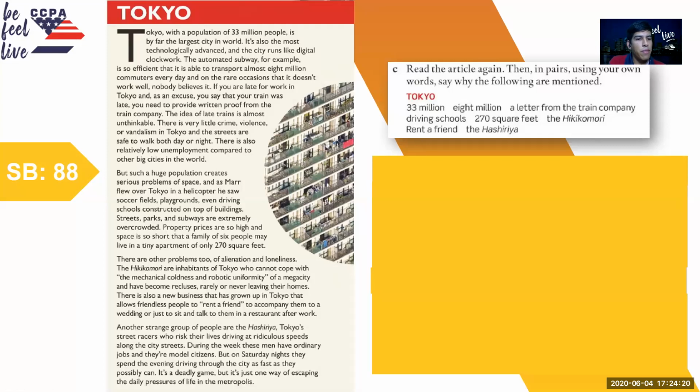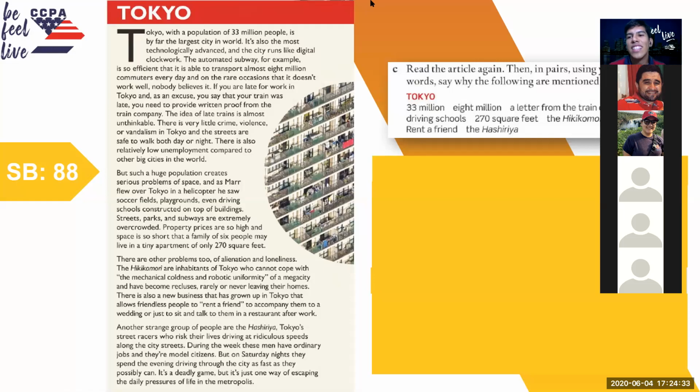Let's have probably Rosana Benitez. Hi, teacher. Hey, Rosana. What is mentioned about 33 million in this text? That Tokyo had 33 million of population.